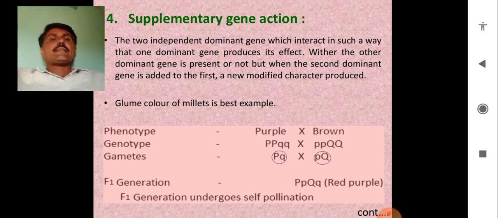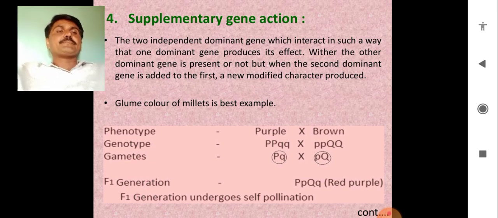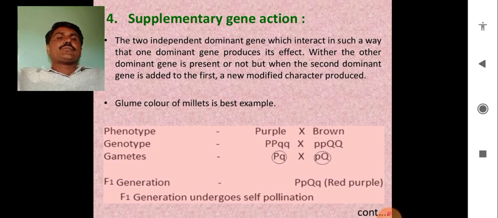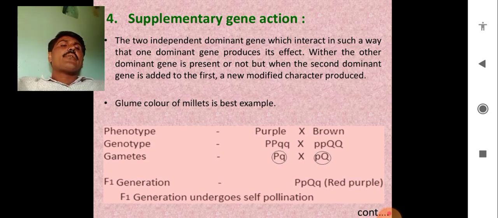But when the second dominant gene is added to the first, a new modified character is produced. In the best example of glume color of millets, we have phenotype purple and brown, and the genotype is as shown in the slide. Gametes are PQ, pq, and vice versa. In the F1 generation, we got a completely different color, that is red purple.